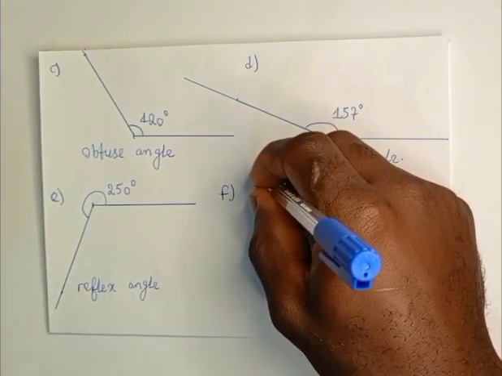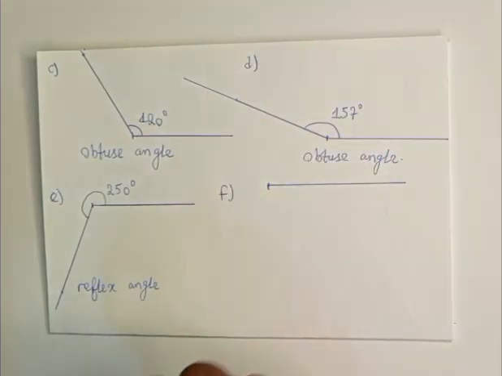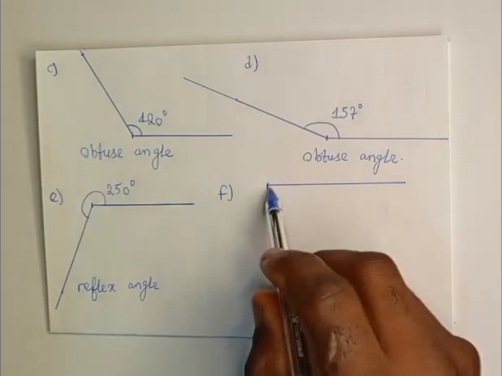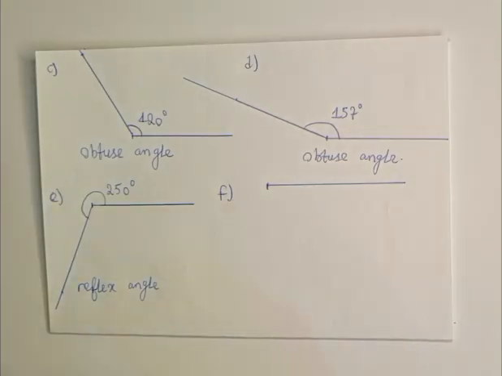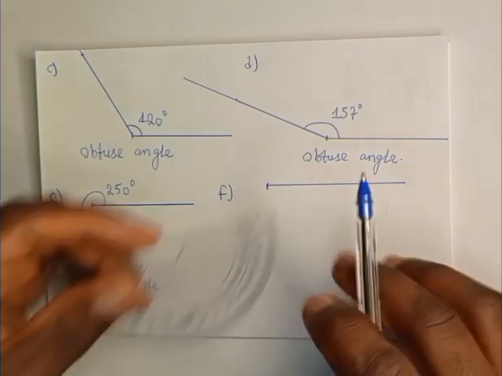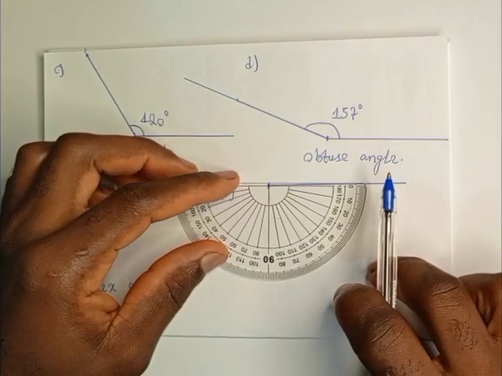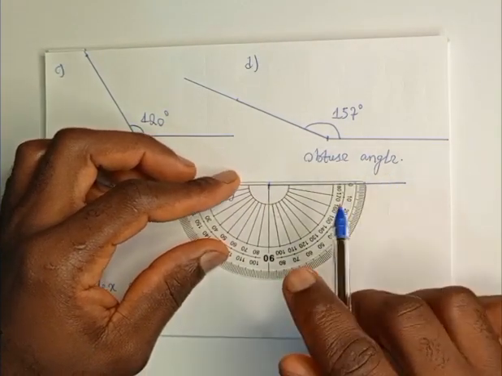This is the initial point. 180 degrees plus 120 degrees gives us 300 degrees. Straight line angles, we know that's 180 degrees. We need to measure 120 degrees down. Place our protractor, we arrange it.